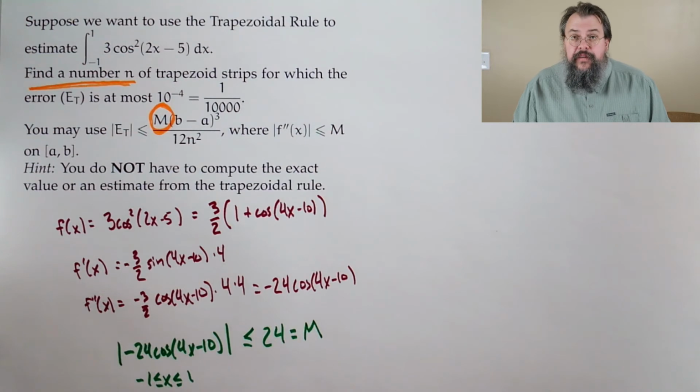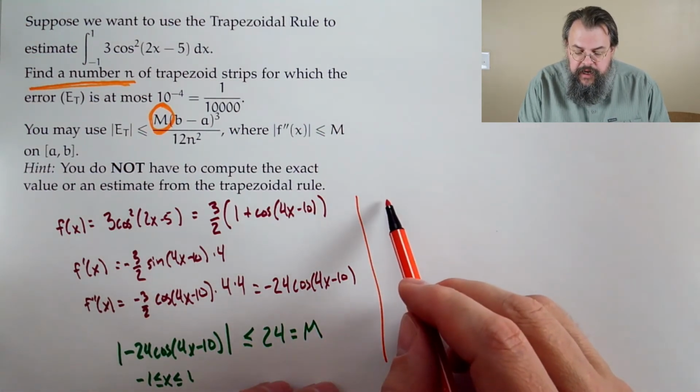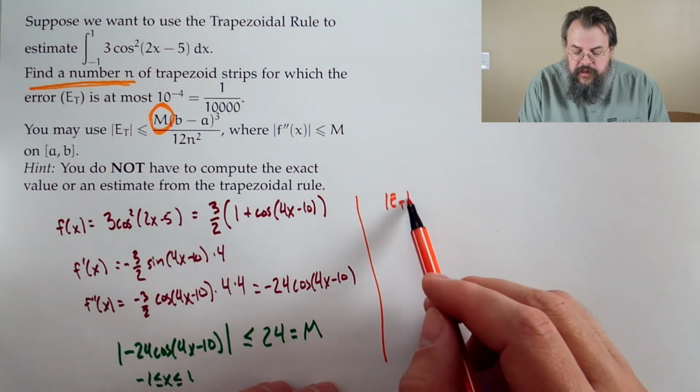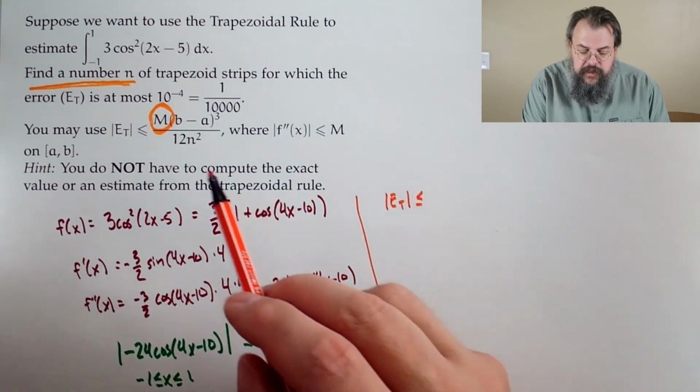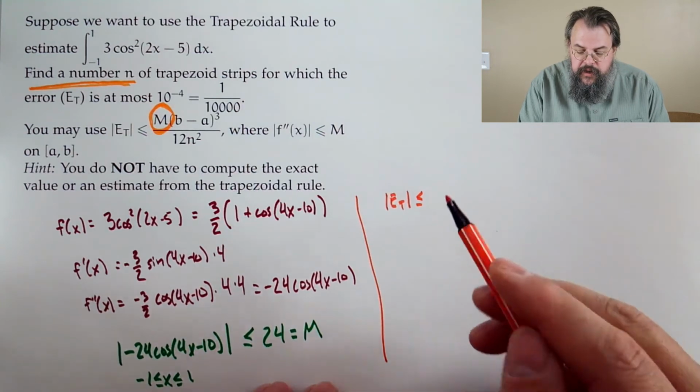So all our pieces are in place, ready for us to go. Here we want our error, which is bounded by this quantity. Now I can replace what M is. M is 24.